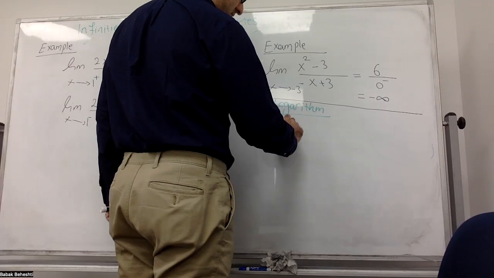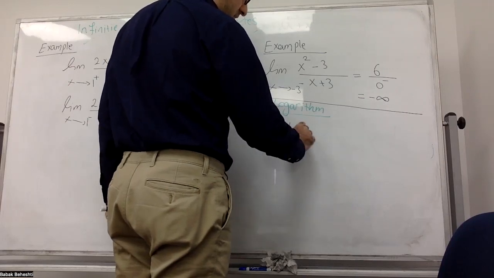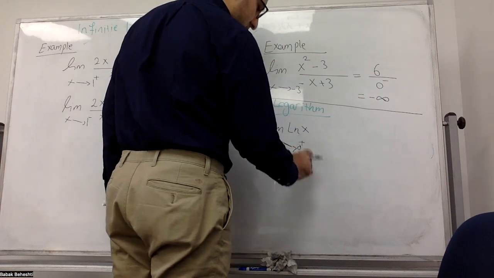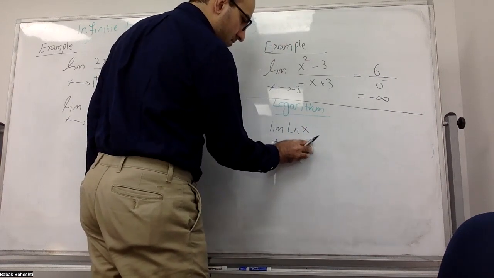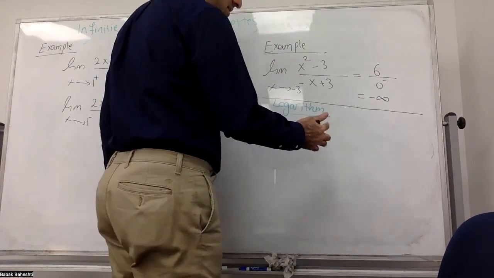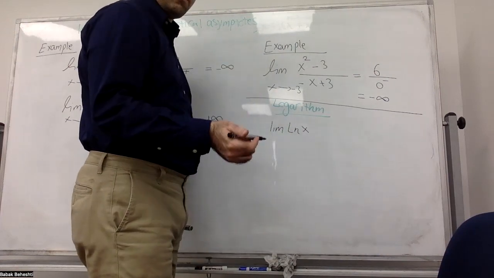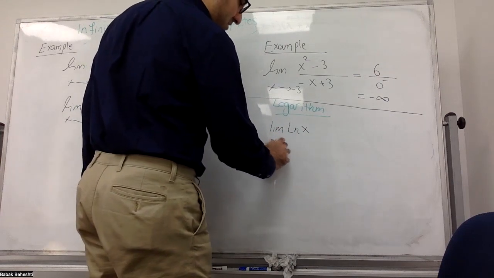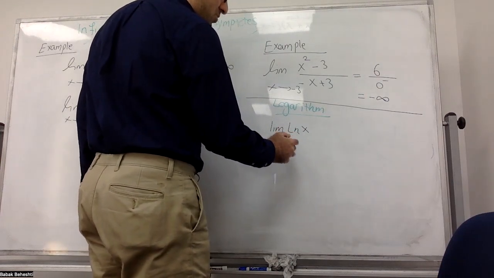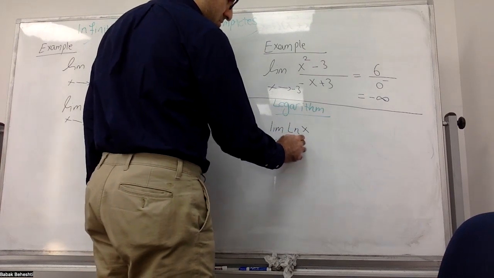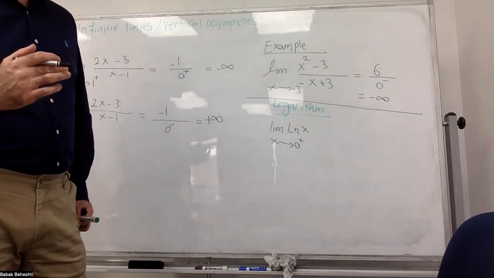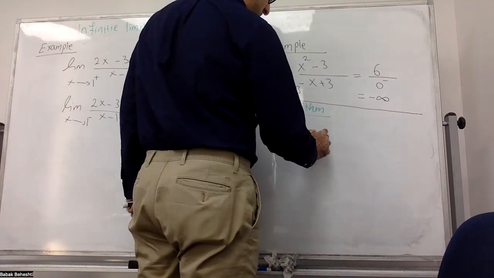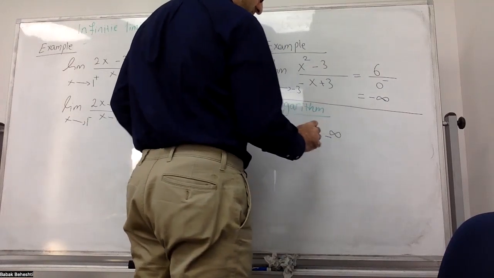So the limit of ln or log x when x goes to 0 plus. We know that the domain of log is positive numbers, right? So now the question is, what is the limit of this function when x approaches 0 plus? It is still a positive number, but close to 0. And that would be minus infinity.